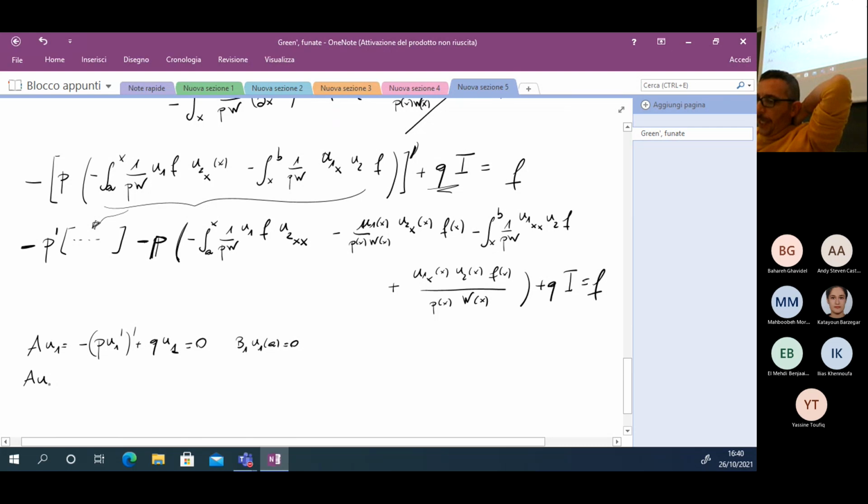And then I have L u2, which is minus p u2 prime plus q u2 equal to 0 with B2 u2(b) equal to 0.